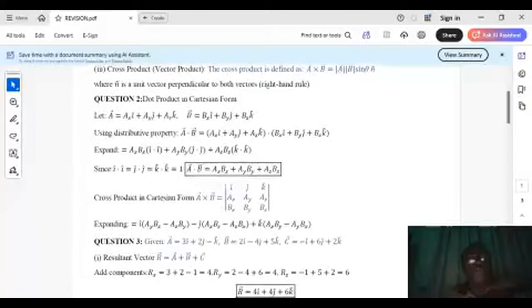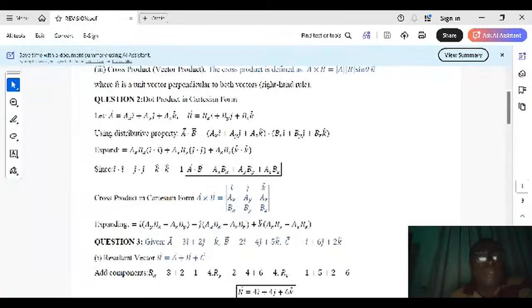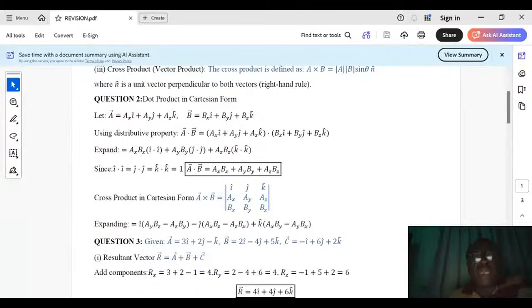Question 2: if vector A is given as AXi plus AYj plus AZk, and vector B is given as BXi plus BYj plus BZk, we can now define the dot product.